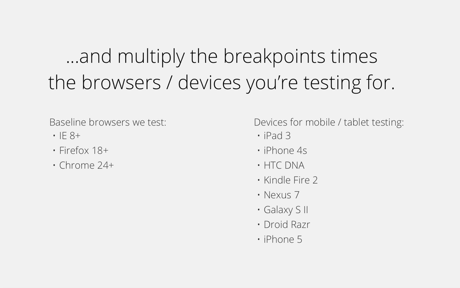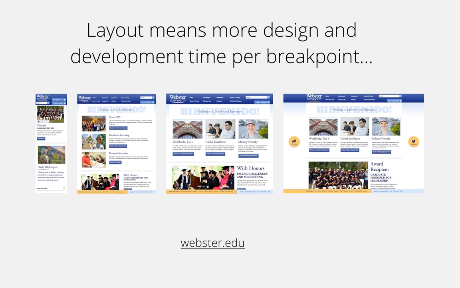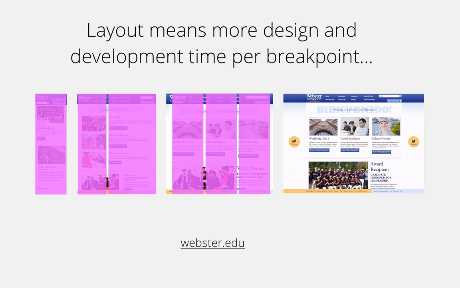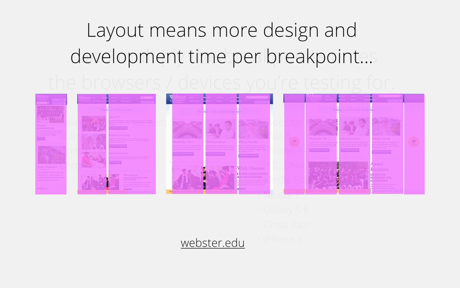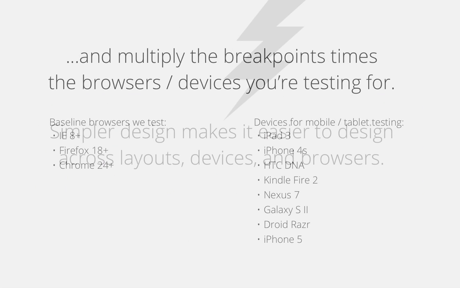We also tend to test on these devices that you see below as our baseline, and maybe throw in a few different ones if the analytics prove that we need to, but that's our baseline device testing lab. It really is taking more time to work on sites if we're doing our due diligence with this. We're multiplying the number of layouts times that testing. Testing in different browsers and different devices tends to slow things down a little bit.